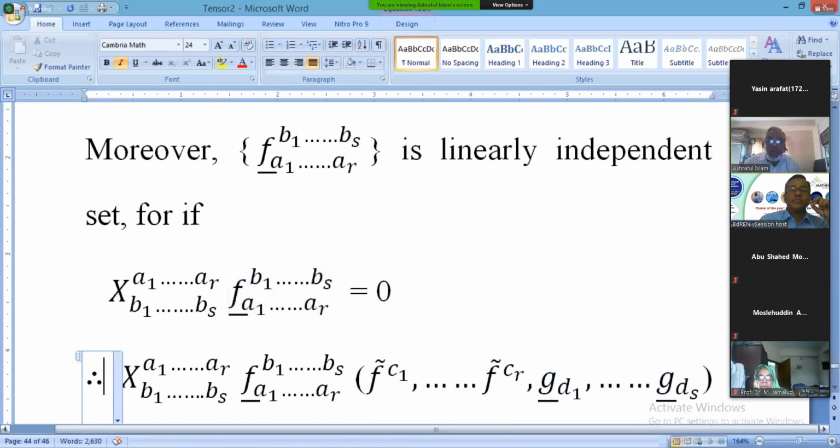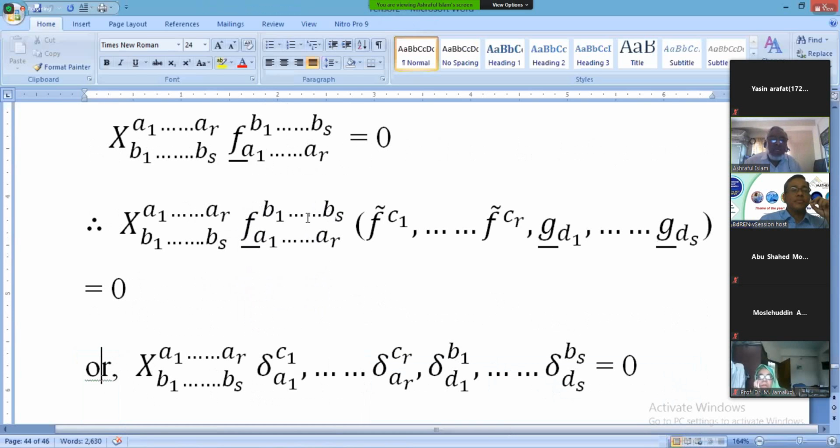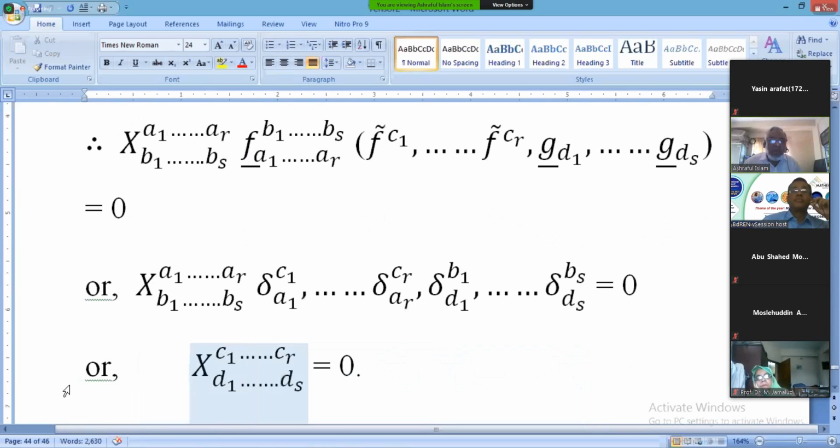Again these are the Kronecker deltas. The Kronecker delta goes to one and we replace its value. Here we will find that this is equal to 0. This coefficient is 0 for every C1 to CR, D1 to DS. That means every one of these coefficients is 0.